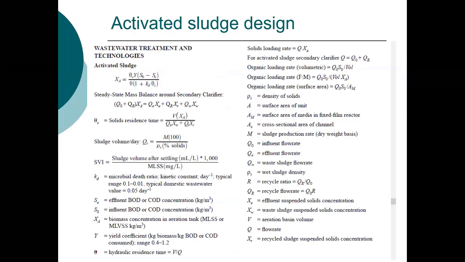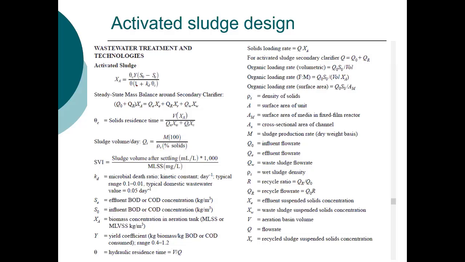So we'll go through a number of these processes, these calculations, but there are a number of things I want you to note from this, okay?